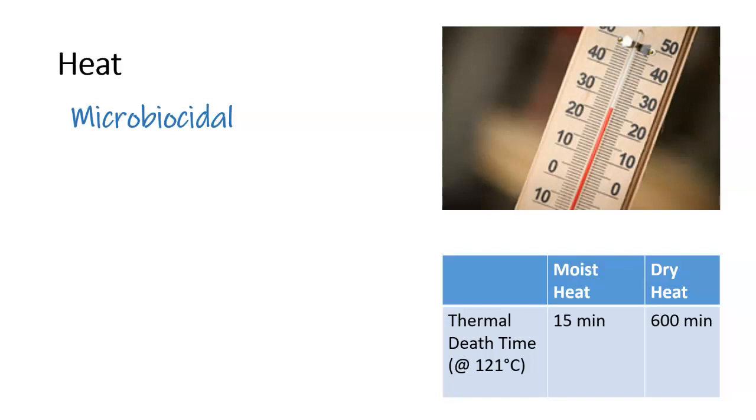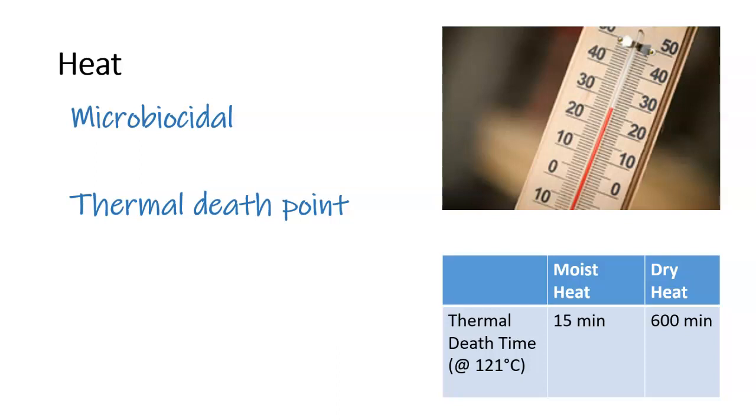There are two important metrics that can be used to characterize an organism's heat susceptibility. The thermal death point is the lowest temperature at which all cells in a population are killed following a 10-minute exposure. This is helpful when comparing the sensitivity of different organisms to heat.